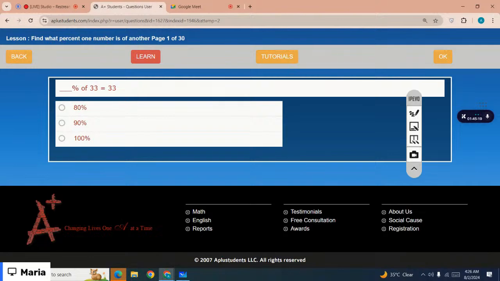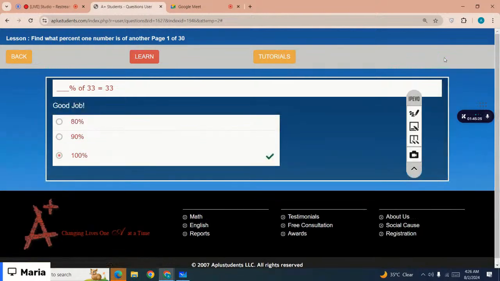Because the numbers are exactly same. So that would be 100%. Think logically, right? 33 is 100% of 33.